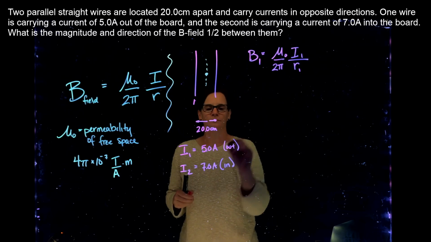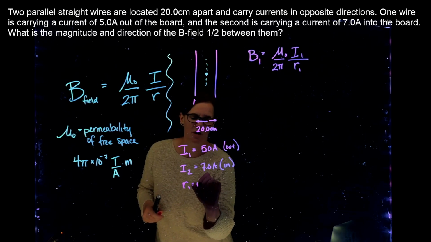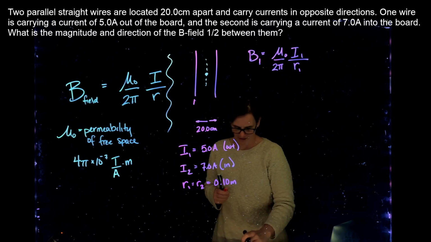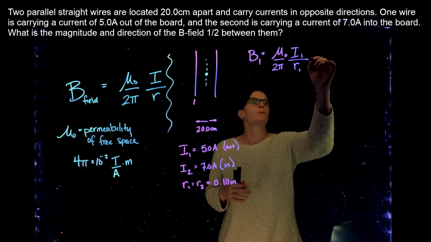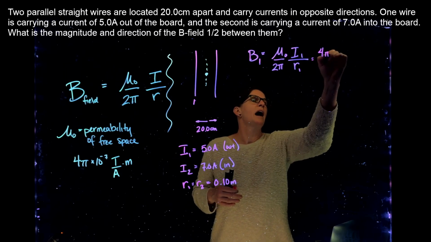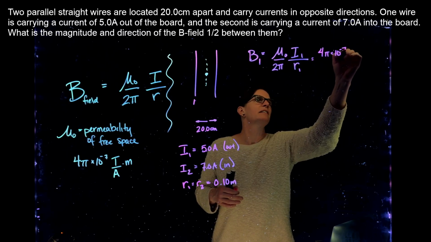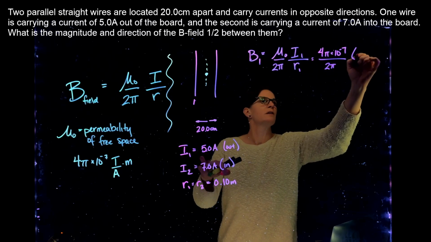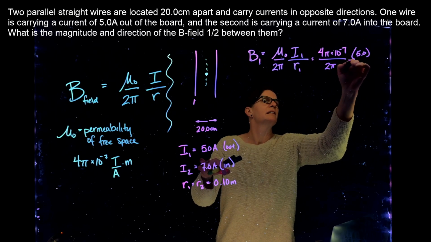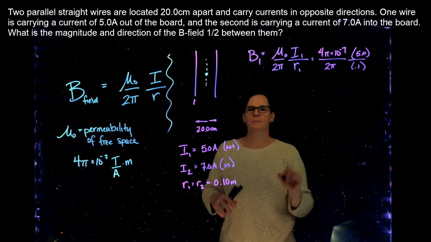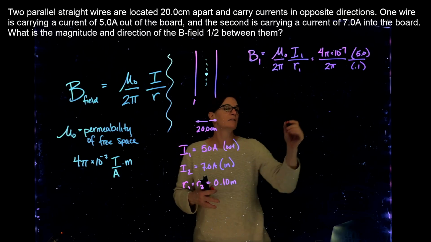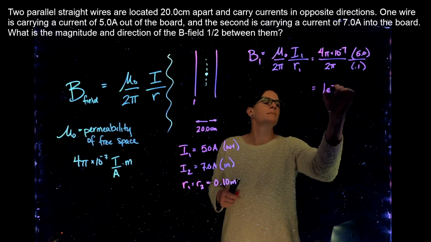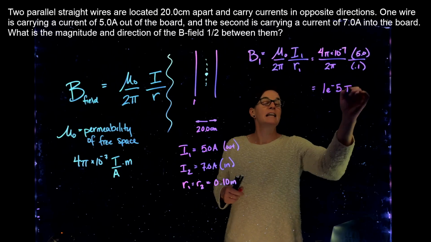So R1 equals R2, which equals 0.10 meters, so half the distance. All right, so we get 4 pi times 10 to the minus 7 over 2 pi times the current of 5 amps divided by 0.1 meters for the magnetic field from current carrying wire 1. We get 1 times 10 to the minus 5th Tesla.